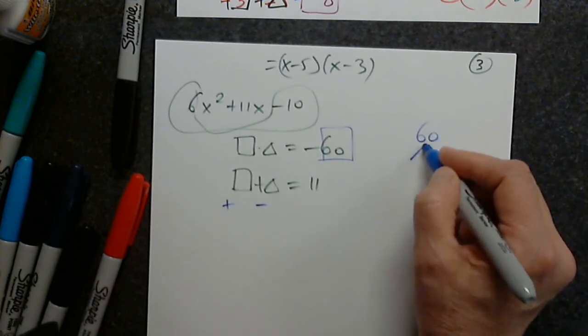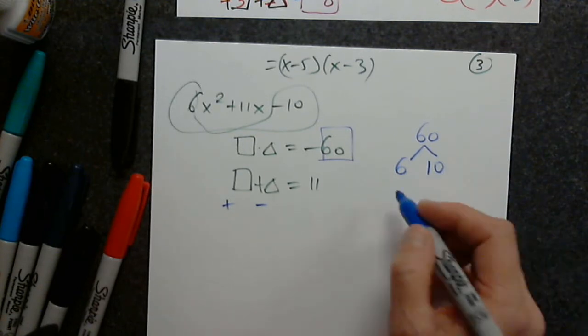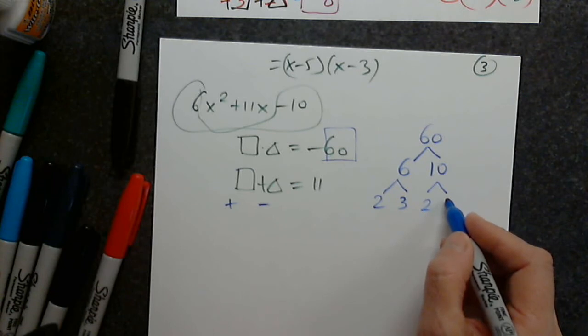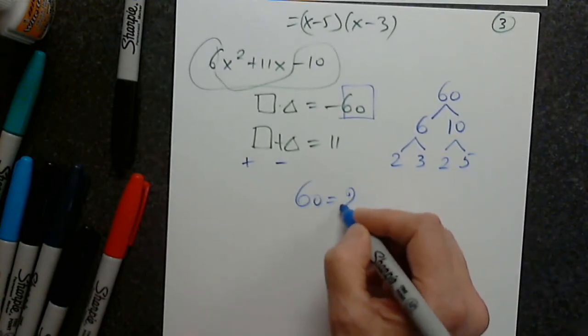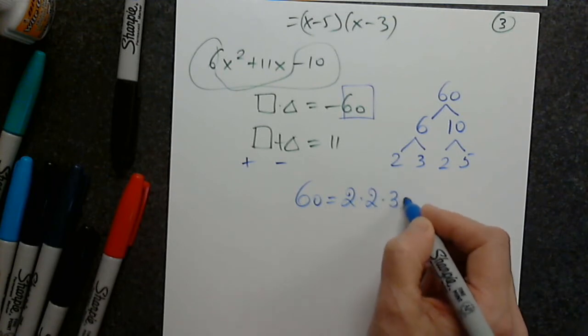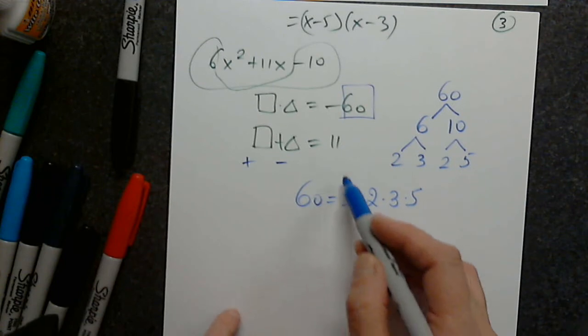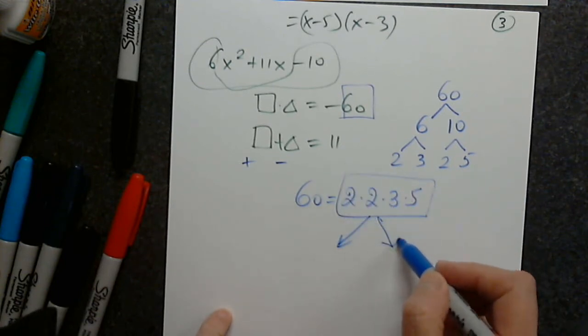Now you can say this 60 is kind of big, and I agree. Well, but 60 is basically 6 times 10. Acceptable? In prime numbers, 2 times 3. In prime numbers, 2 times 5. Excellent. So then 60 or 2 times 2 times 3 times 5 is the same thing. So I want two numbers from here using everything.